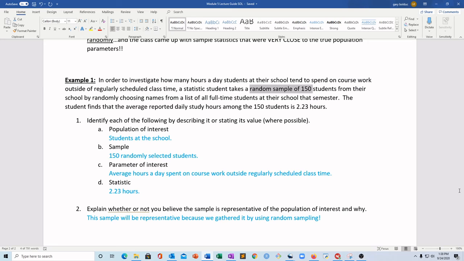So go back to the question again. Do we believe our sample is representative? Yes. Why? Because we used random sampling. That's how you get a representative sample. You use random sampling. So the key piece is that you told me, let's random sample. That's exactly why we can say it's representative. So this is it. This is the big piece of this new module.